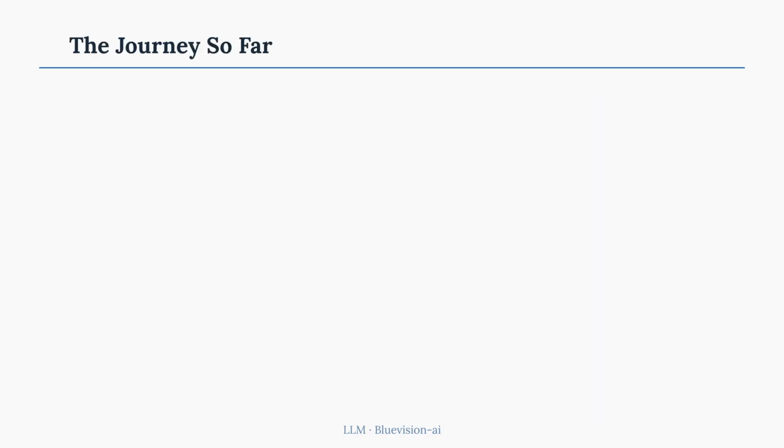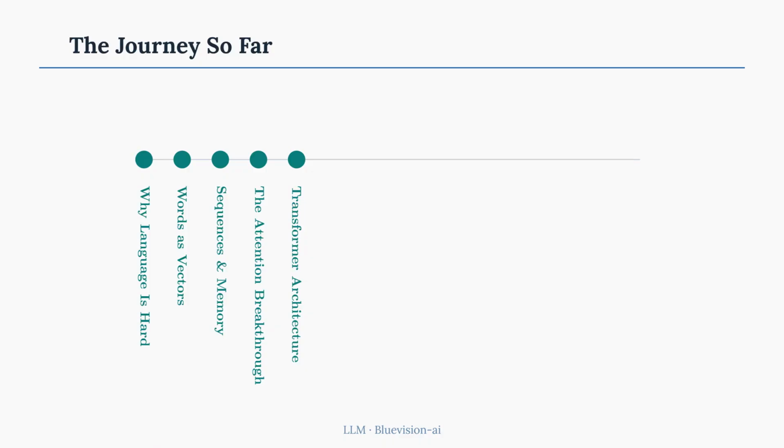Let's step back and take stock. 5 sessions in, we started with why language is hard. We gave words coordinates. We learned to process sequences. We broke the bottleneck with attention. And last session, we built the transformer, the architecture that made everything else possible.